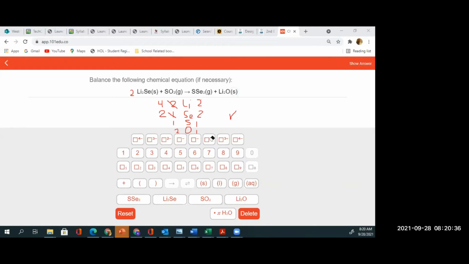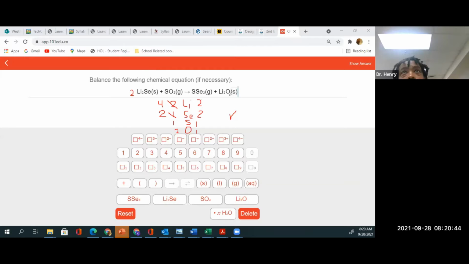So go over to the right side and put a 2 for the lithium oxide. Okay, so we're going to put a 2 here. Then that gives me 4 Li's, and I have 2 oxygens. Okay, isn't that what we wanted?